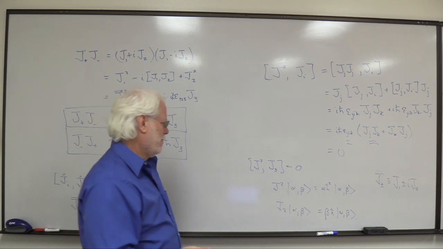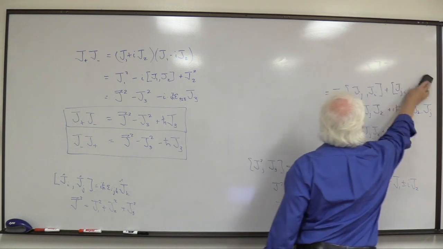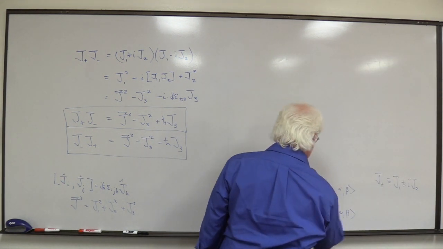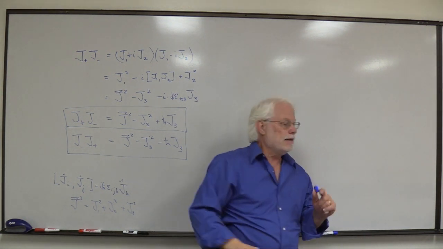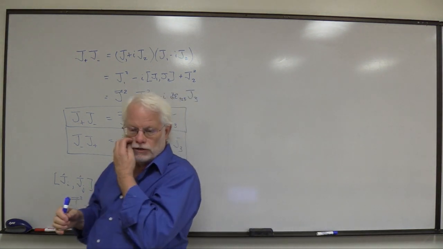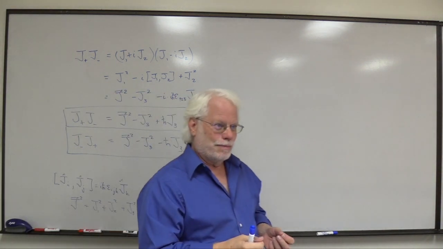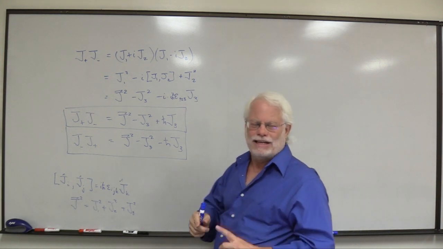I see. Got it. Okay, so let me erase some things. Again, the J's are the generators for the rotation group, but we haven't specified any representation.